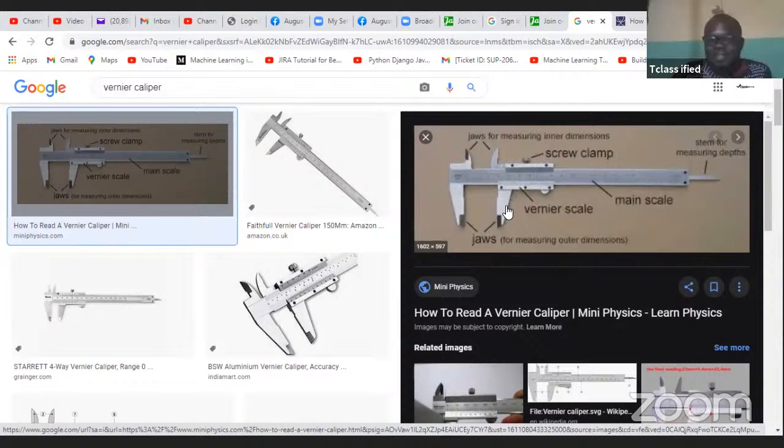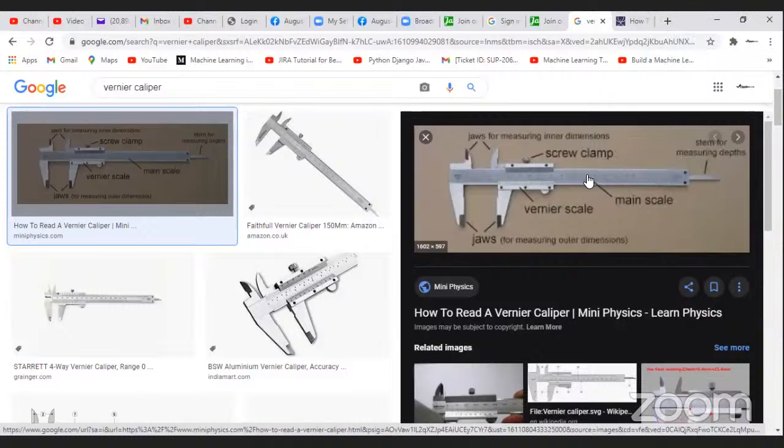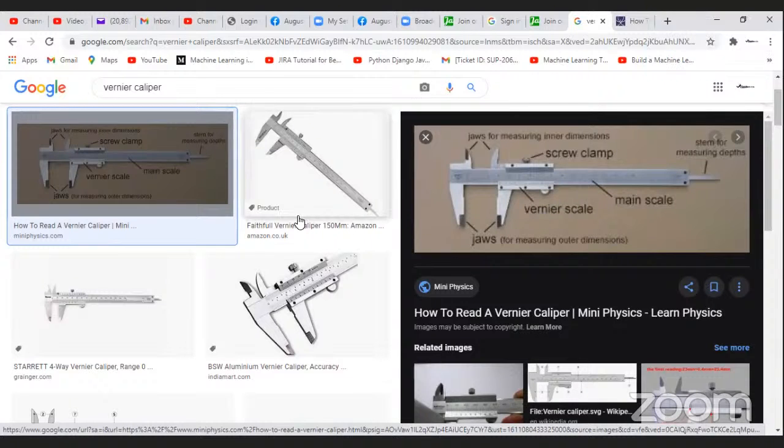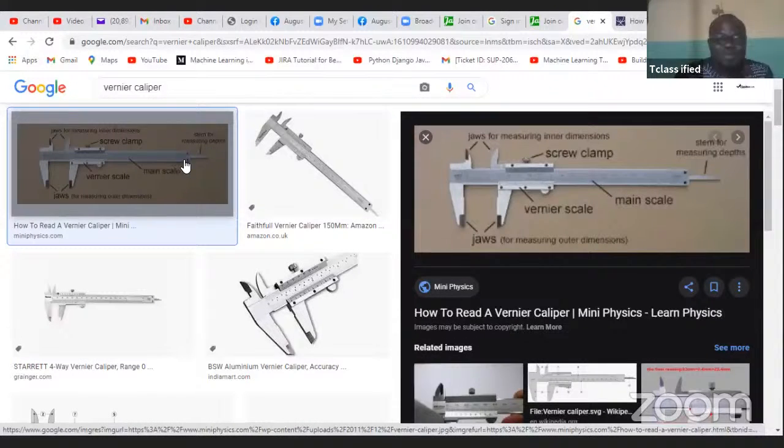This is the vernier scale. These are the jaws. Depending on what you want to measure, if you want to measure the internal diameter of a cylinder, you use this one. If you want to measure the external diameter, you use these down jaws. This is the base scale, and this is the vernier scale. I hope you've seen a vernier caliper lots of times. So you know a vernier caliper when you see one, isn't it?